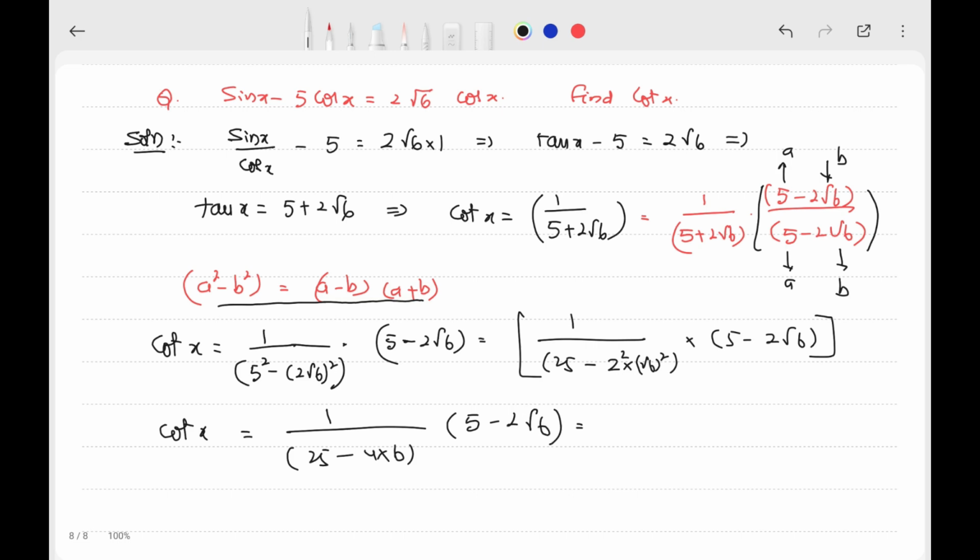That is equal to 25 minus 24 is 1. 1 by 25 minus 24 into 5 minus 2 root 6. That is equal to 1 into 5 minus 2 root 6. That is equal to 5 minus 2 root 6 is the answer.